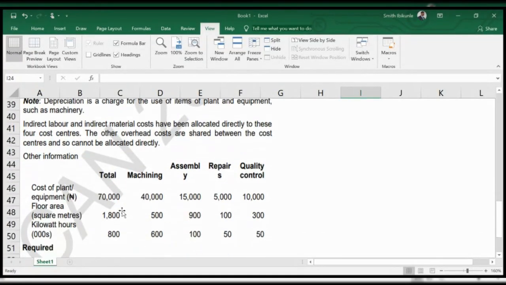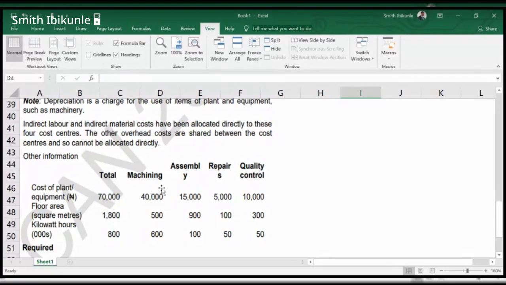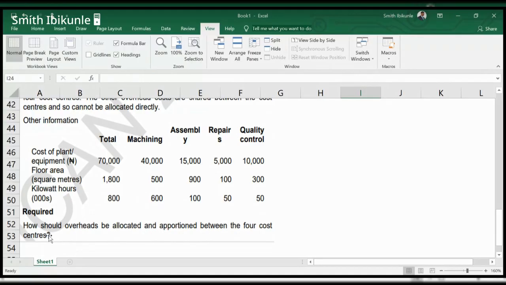The other information is called the basis of apportionment: cost of plant and equipment, floor area, and kilowatt hours, given for each of the four departments. These are what we will use to share. Required: how should overhead be allocated and apportioned between these four cost centers?